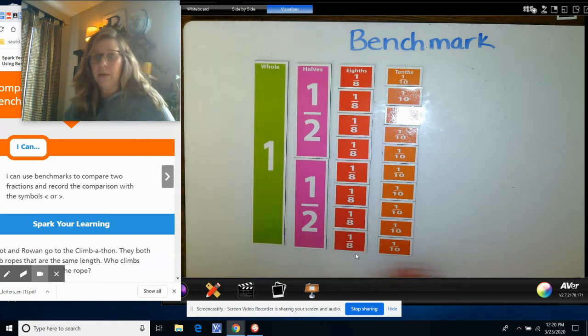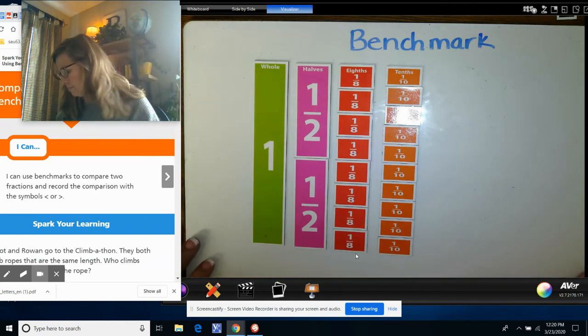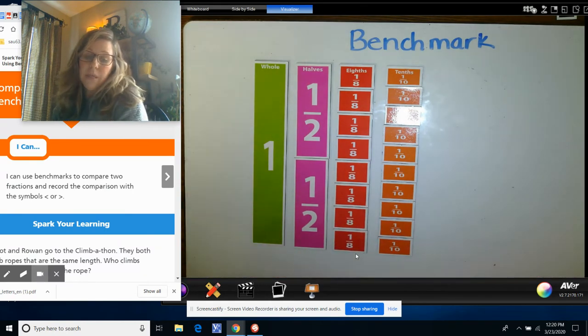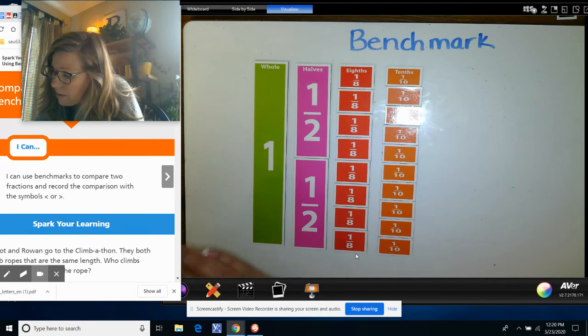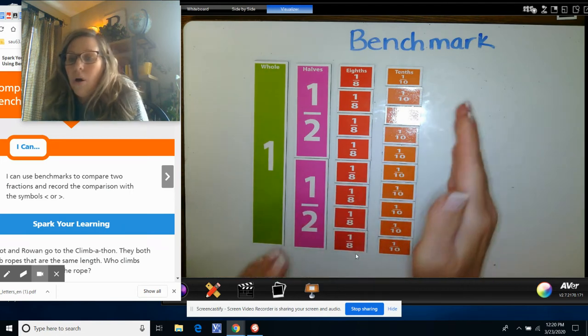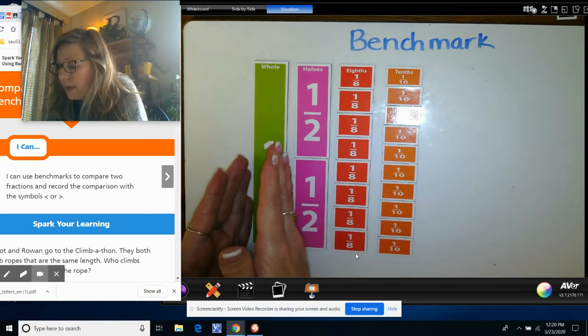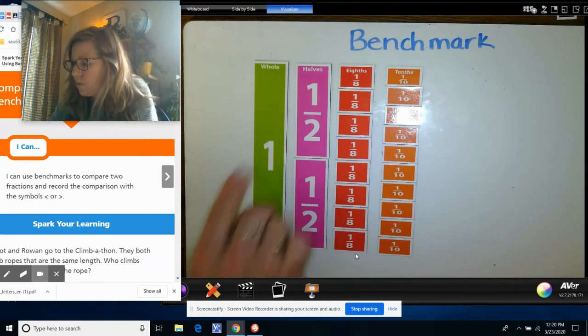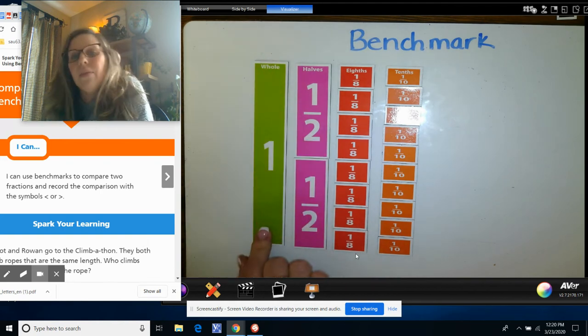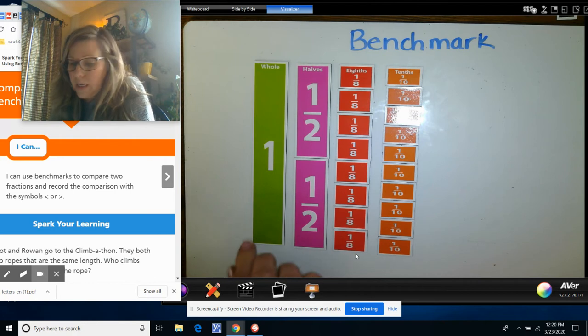So I want you to take a peek at my board here. And when you're doing something called using benchmark fractions to compare things, you have to make sure that the things that you're comparing are all the same in equal length. So let's just take this one right here. Let's take our whole. This whole can represent the rope that both of the kids were climbing.